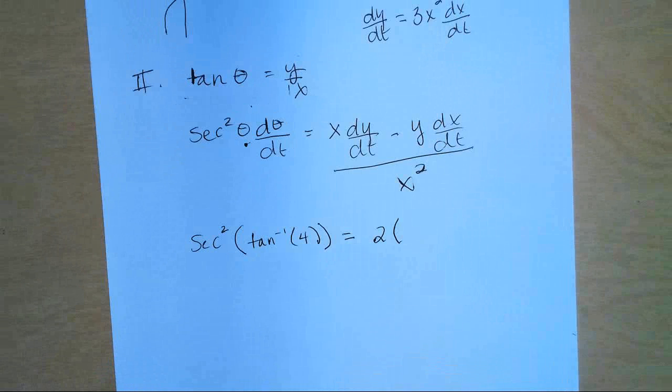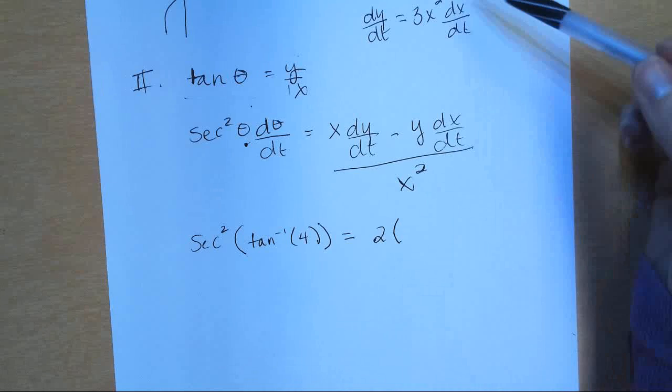X squared dx dt. So if you just take y and differentiate y, that'll give you, so what is dy dt going to be?